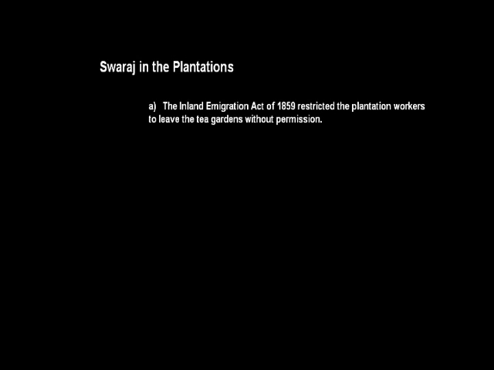For plantation workers in Assam, freedom meant the right to move freely in and out of the confined space in which they were enclosed, and it meant retaining a link with the village from which they had come. But the Inland Emigration Act of 1859 restricted the plantation workers from leaving the tea gardens without permission, and permission was almost never granted.